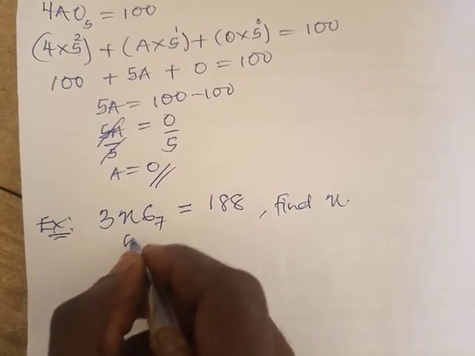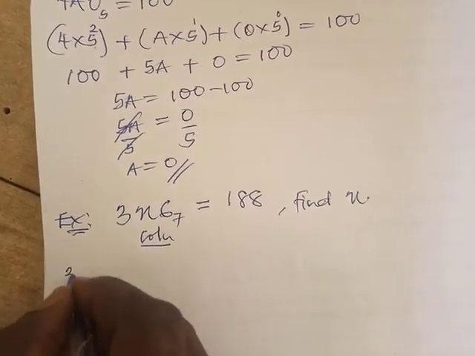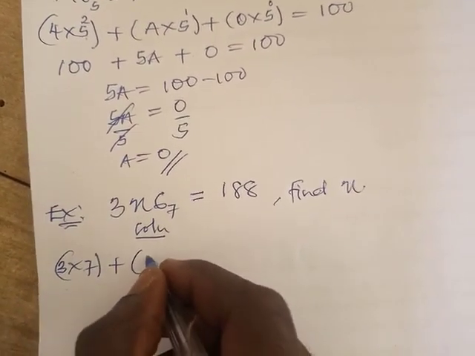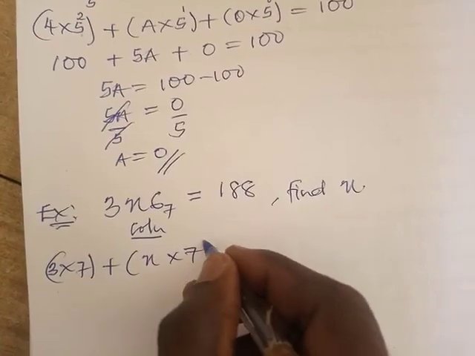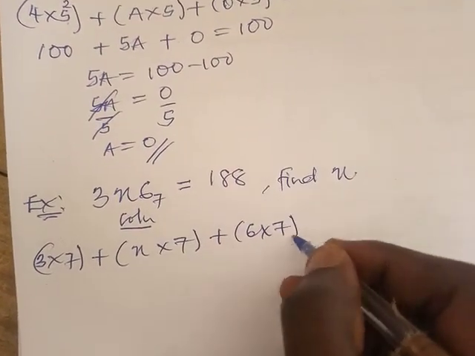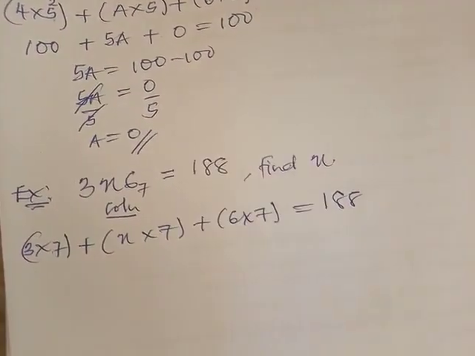The same approach: change the whole of this to base 10. So we have 3 times 7, x times 7, 6 times 7, all equal 188.